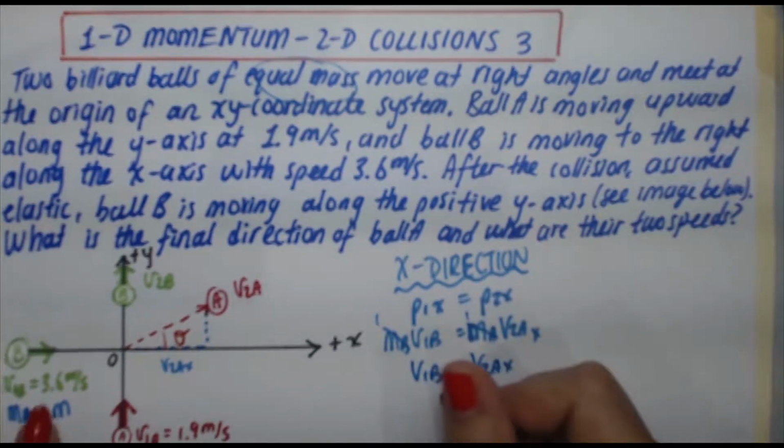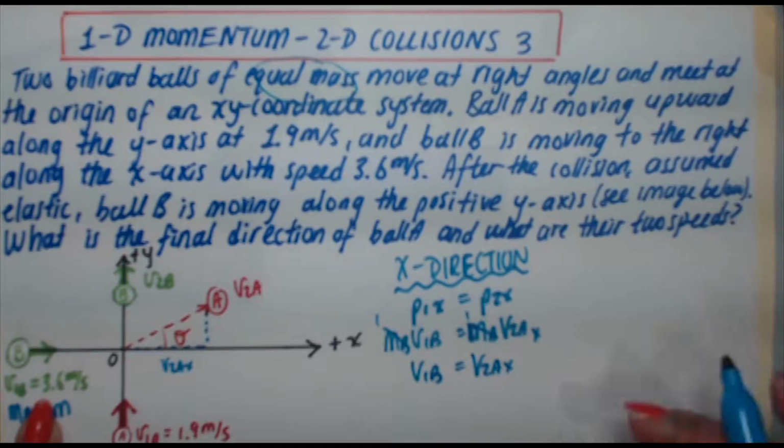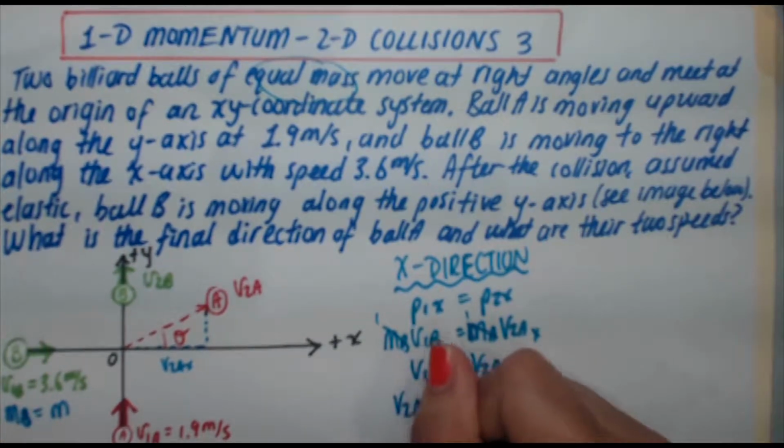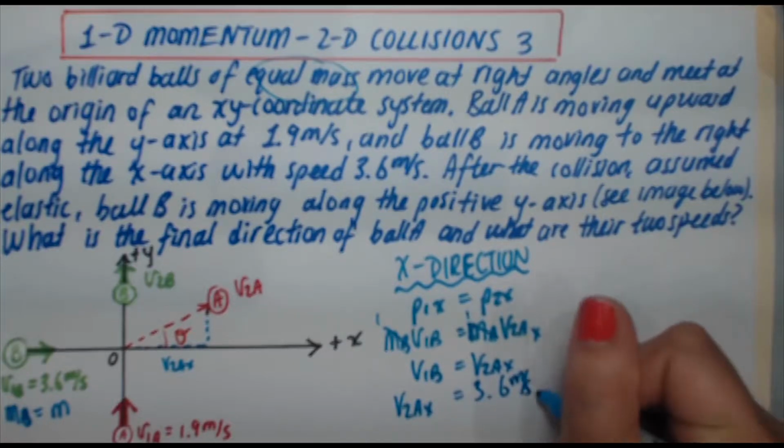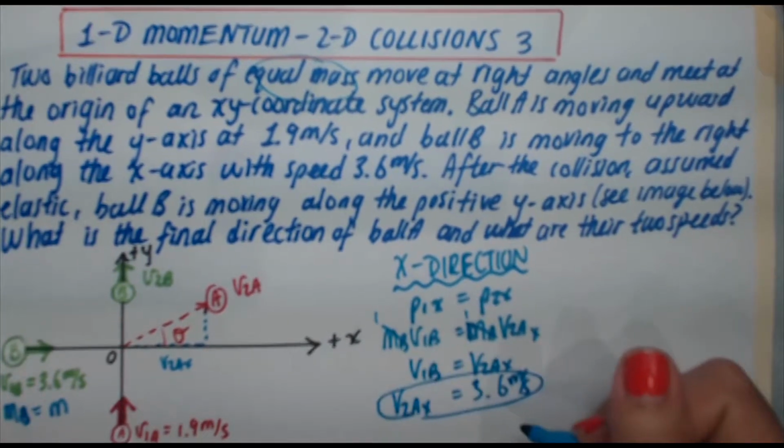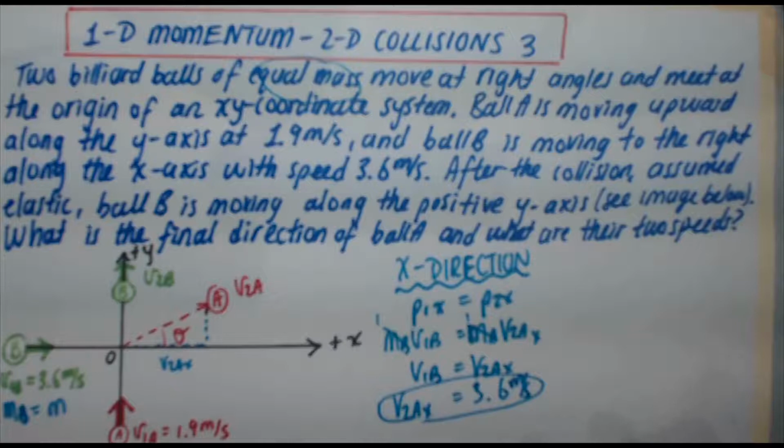And we know v1B, it's 3.6 meters per second. Therefore v2Ax is 3.6 meters per second. So that's good because we found one component already for object A.